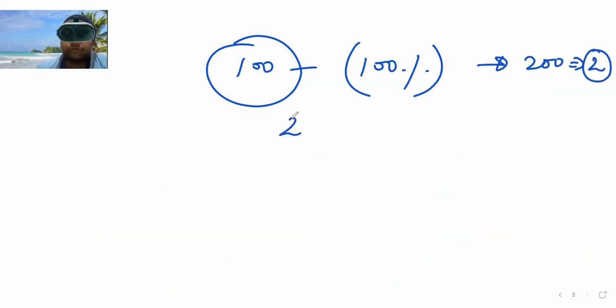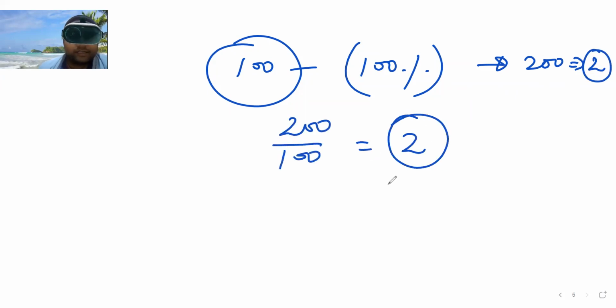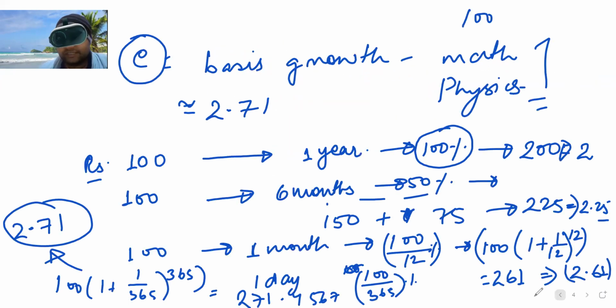From 100 to 200, the rate of growth is equal to 2, right? The more real time the growth becomes, because here the growth is happening after 1 year, the moment we started growing it every day at a proportioned rate of increment, we can already see that the rate of growth is 2.71.